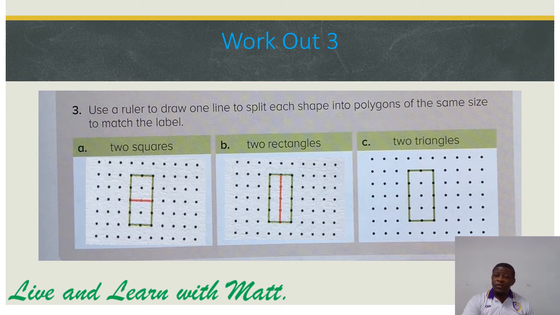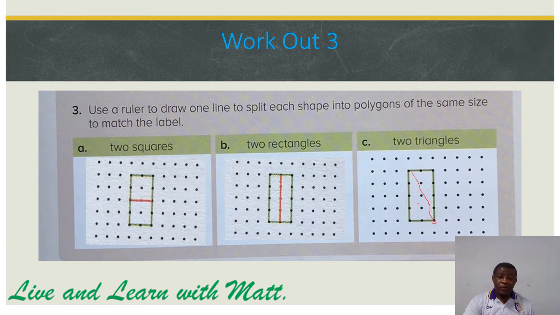Now part C, two triangles. How can we make two triangles out of this? We can make it by joining. It could be like this. Two triangles.